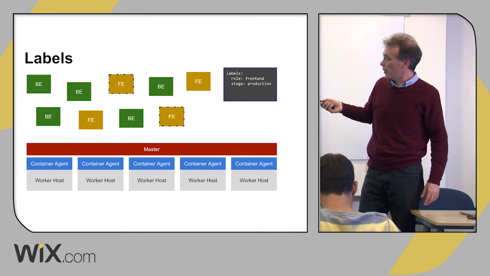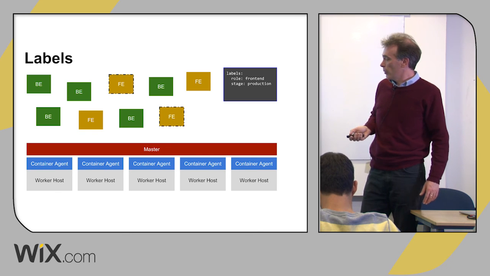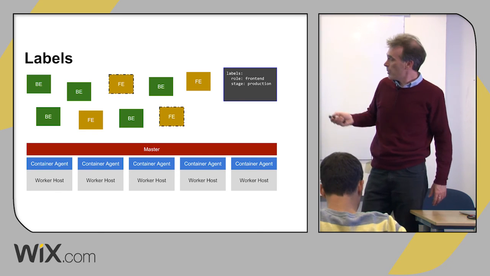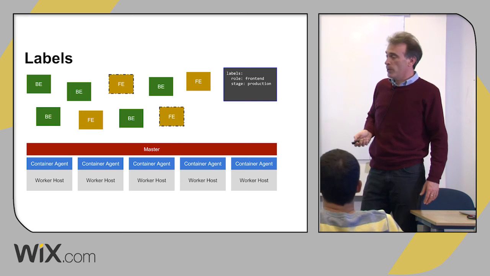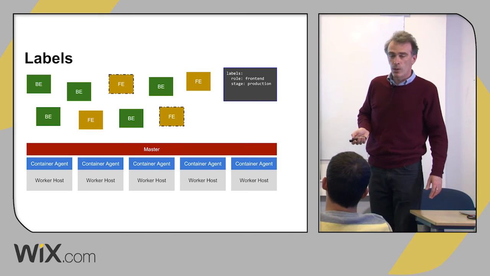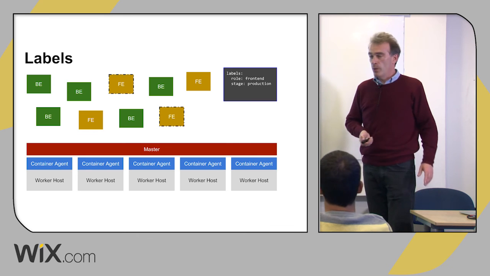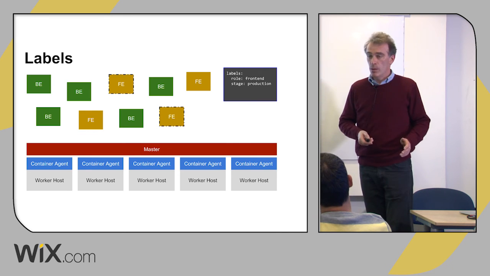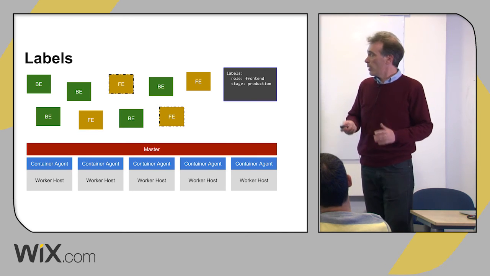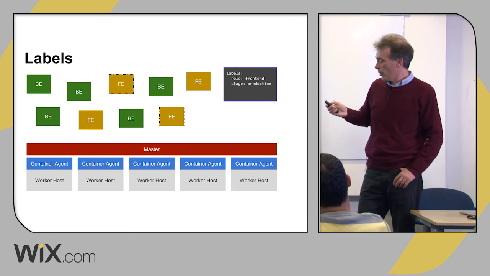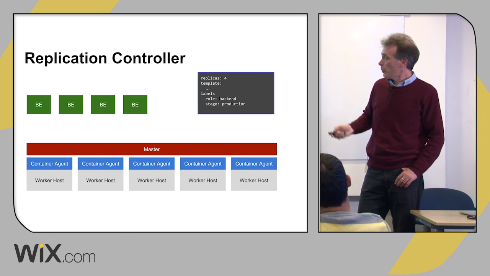We would like to select, from whatever we run on the cluster, just front-end instances with production stage. Now we can select them, access them, destroy them, and monitor them using labels.